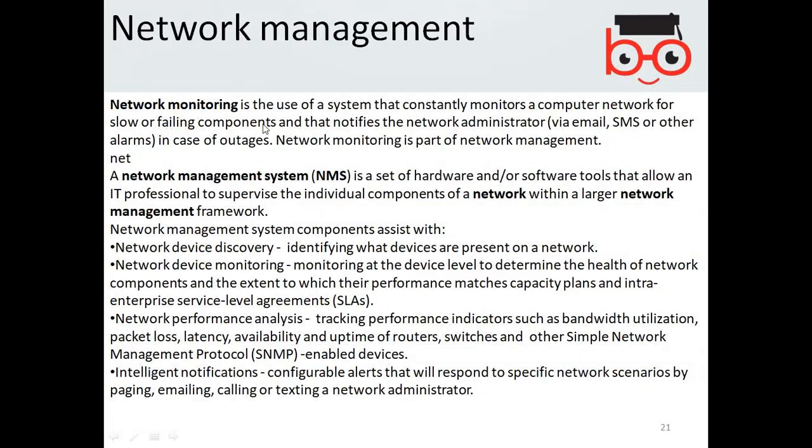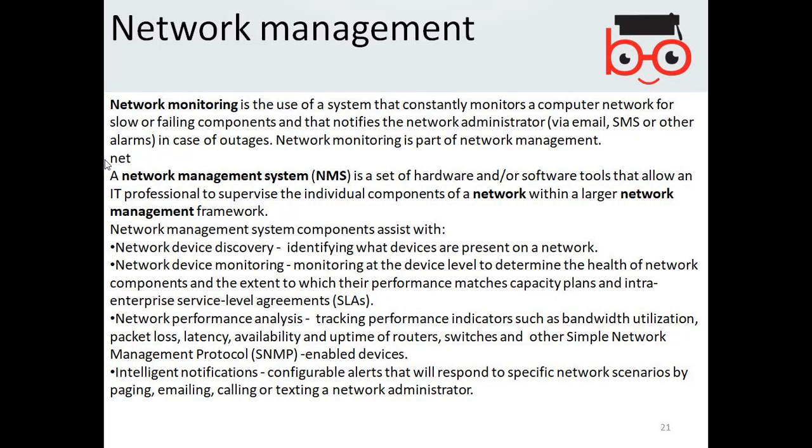Next is monitoring. Monitoring is basically the use of a system that constantly monitors a computer network for slow or failing components of the network, and notifies the network administrator via email, SMS or other alarms. So when you have a network, it needs to be monitored to see whether the network is stable, and if there is any missing connection in the network, it should be addressed to the network administrator.